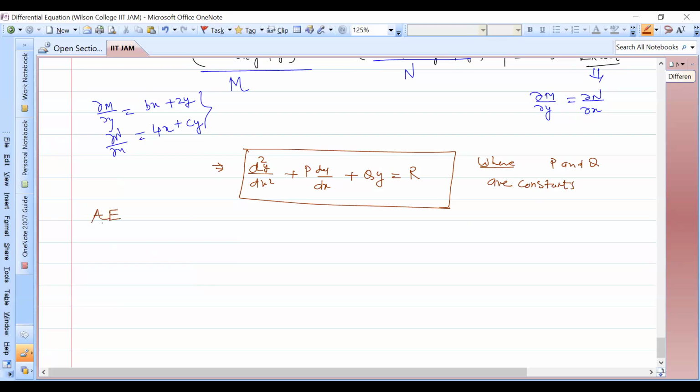First of all, we define the auxiliary equation. Yes or no? Yes, sir. So suppose the roots are alpha and beta. Then we can write y equals c1 y1 plus c2 y2.